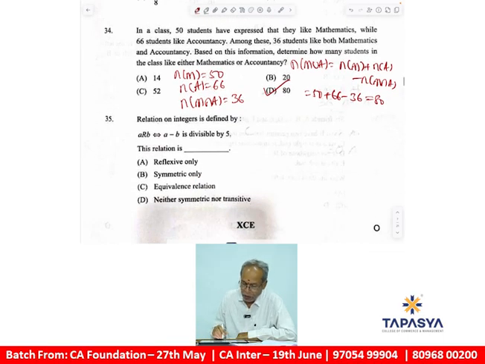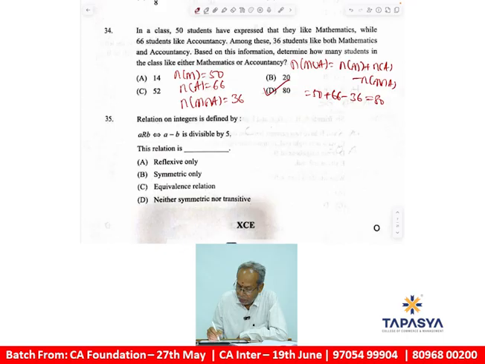A relation on integers is defined by a R b if a minus b is divisible by 5. Is it reflexive, is it symmetric, is it an equivalence?